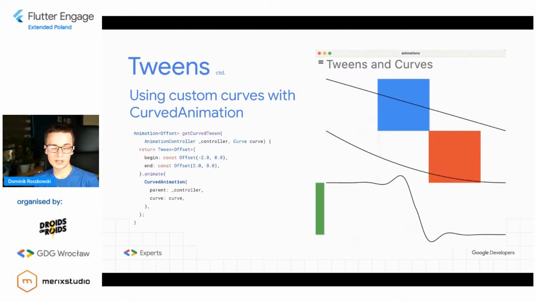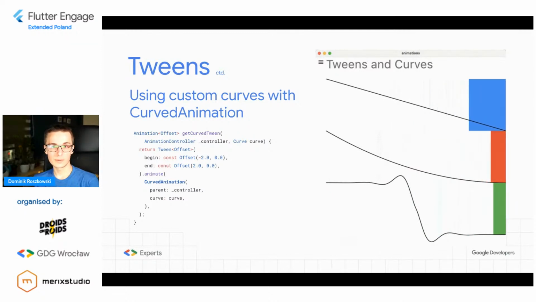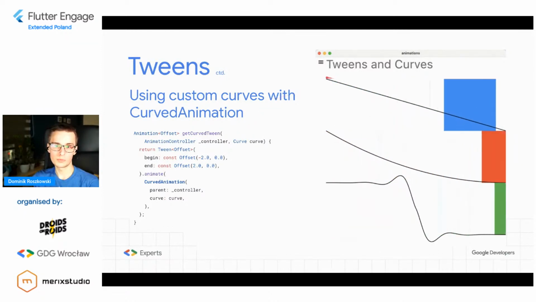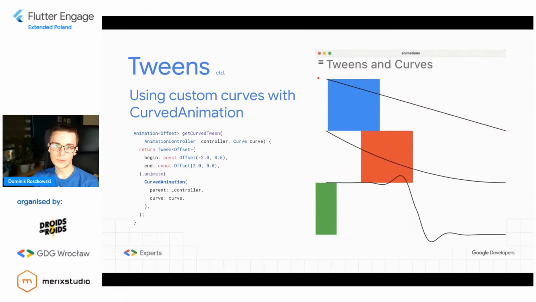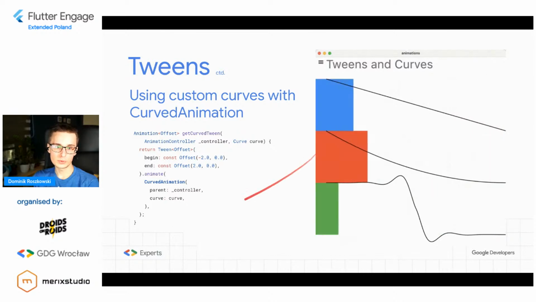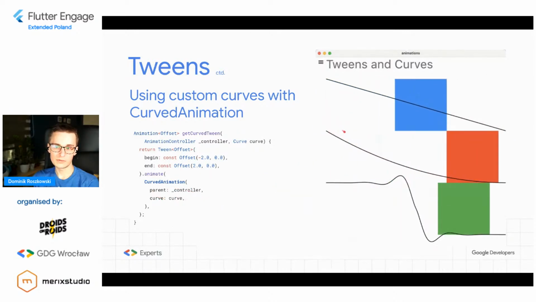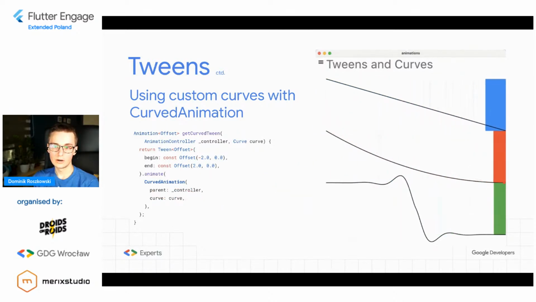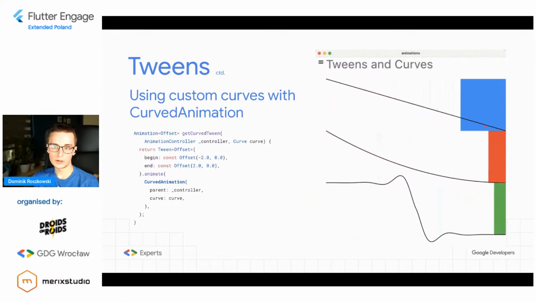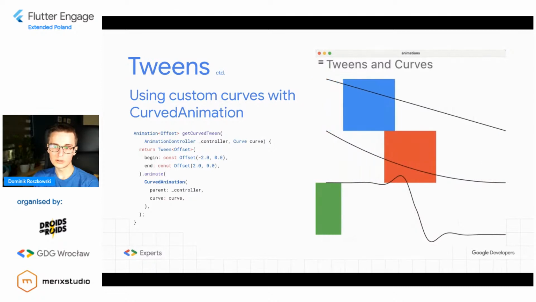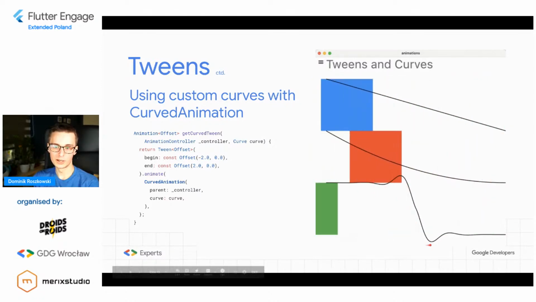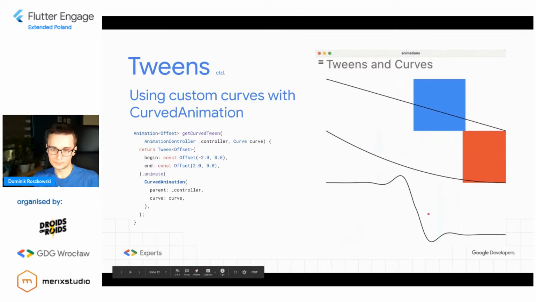But in essence, it just means that if you have a linear curve from 0 to 1, and you can see actually on the top from 1 to 0, this is a straight line. And if I convert this with a CurvedAnimation, in this case, I think this was ease in or decelerate, it just makes this curve and actually the movement of this element a bit different. The same happens if the curve is a bit more, let's say, original.